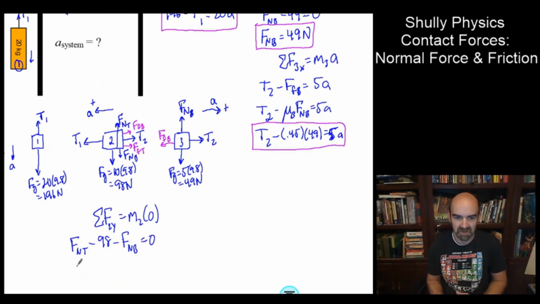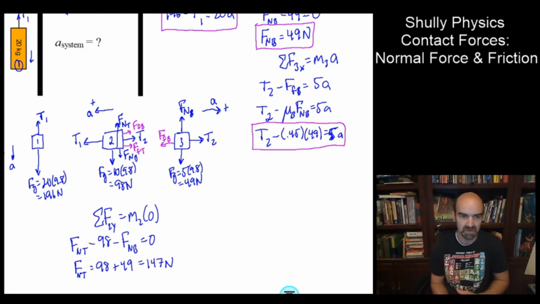And look at what happens here. The normal force on the table is equal to the weight of the big block plus, remember this is 49 newtons, plus the weight of the top block. Should make sense, right? And that's 147 newtons. Let me circle that. Might need that.